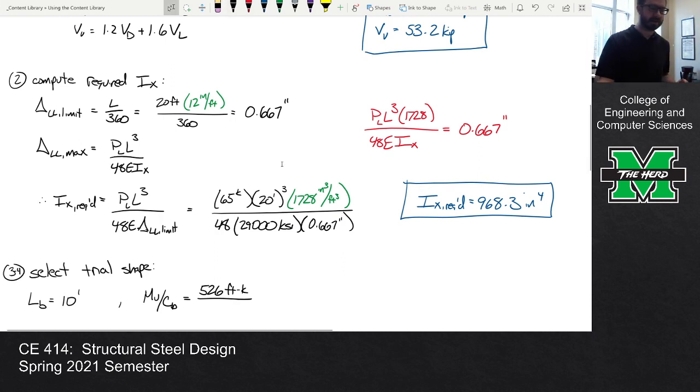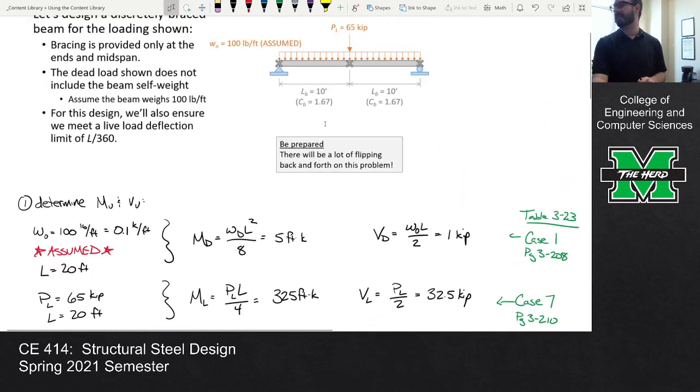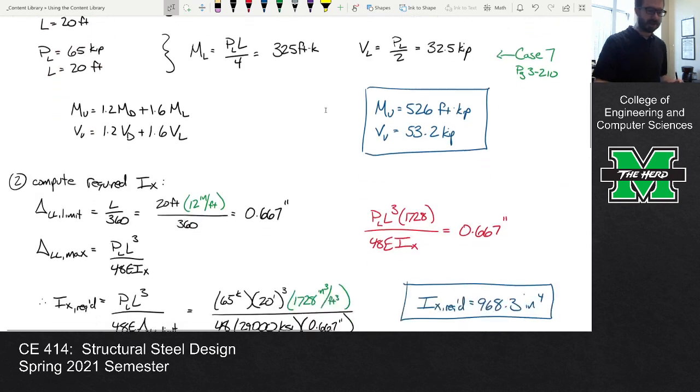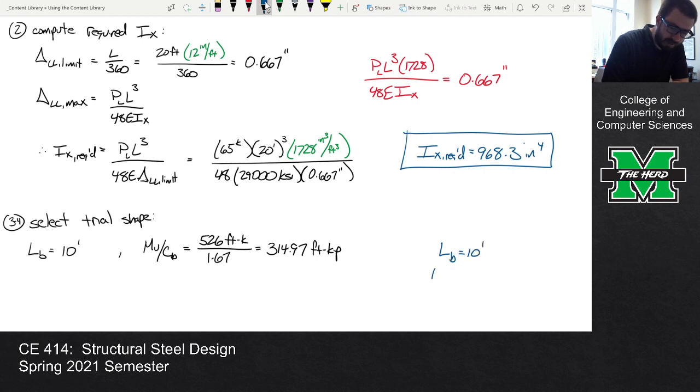I want to talk about that here in a second. For now, we'll just take the value 1.67. When you chug that out, you're going to get 314.97 foot kips. So we're going in with LB of 10 feet and MU over CB of basically 315.